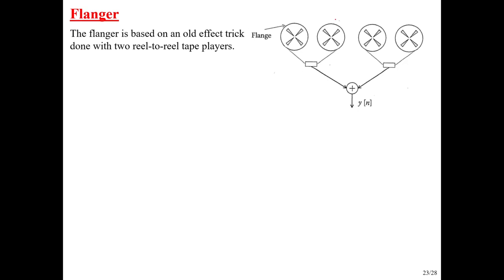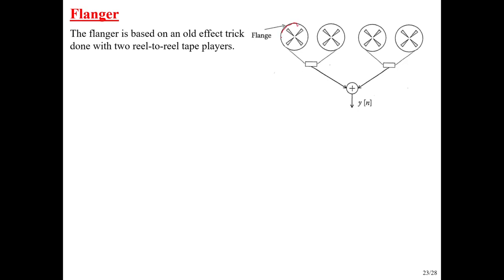So I'm showing two reel-to-reels. So we have a reel of tape here, and it moves in this direction past a read head. So as time goes on, the tape rolls up onto here. So that's how a reel-to-reel tape recorder works.